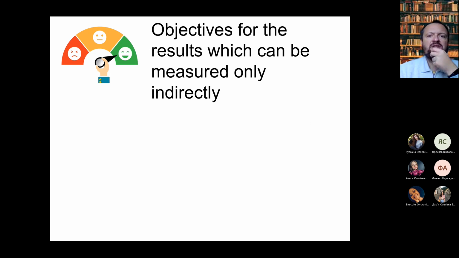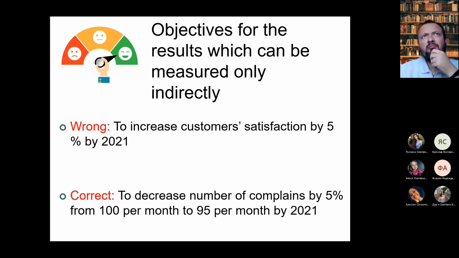Some objectives can be measured only indirectly. For example, if speaking about customer satisfaction, theoretically we can formulate, and not only theoretically, it not only could be, it must be our objective to increase customers' satisfaction.